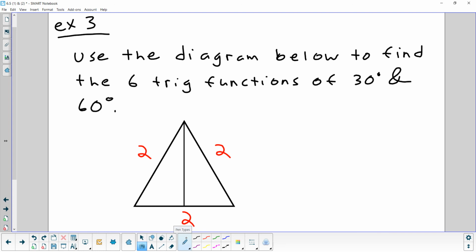It did split it in half, and the way we know that is to prove that the triangle on the left and the right are congruent. Well, we know this side is equal to this side. That's a definite. We know this side is equal to itself. That's the reflexive property. And we know that these are both 90s.